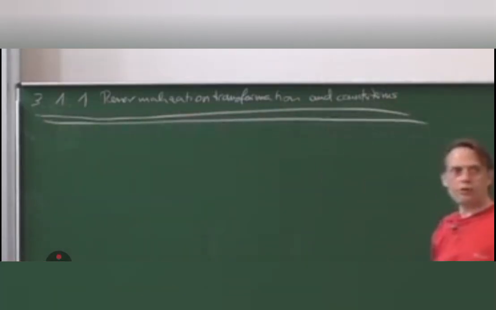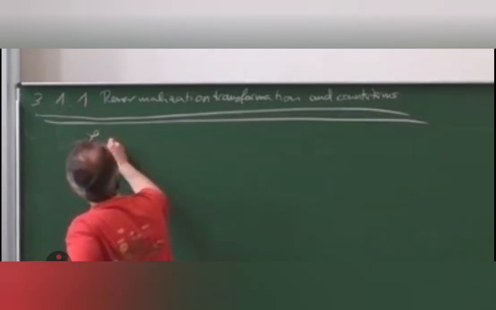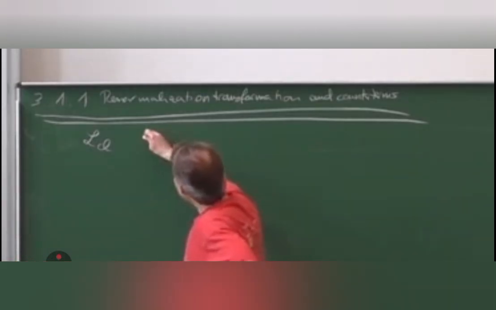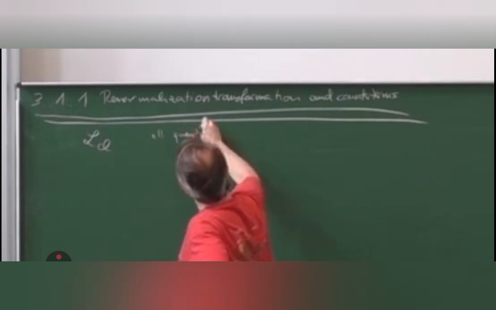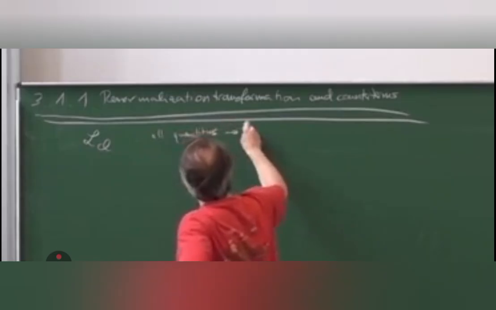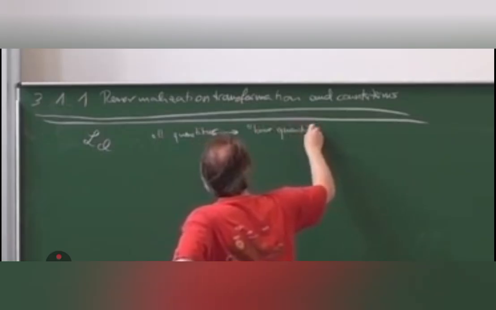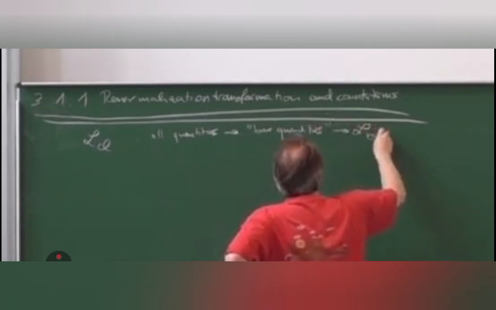Renormalization transformation and counter terms in QED. The procedure is now simply as follows. We take our classical Lagrangian, which you see here, and all quantities in it are replaced by so-called bare quantities, and then in this way we obtain what is called a bare Lagrangian.